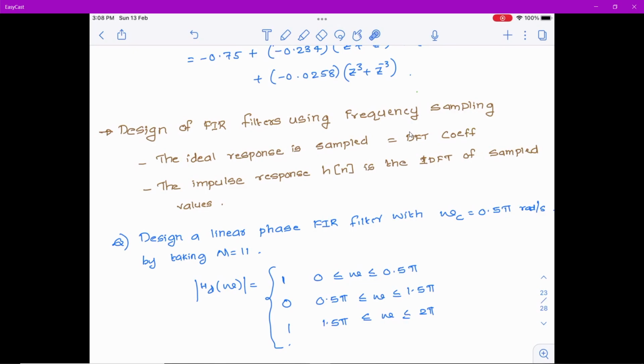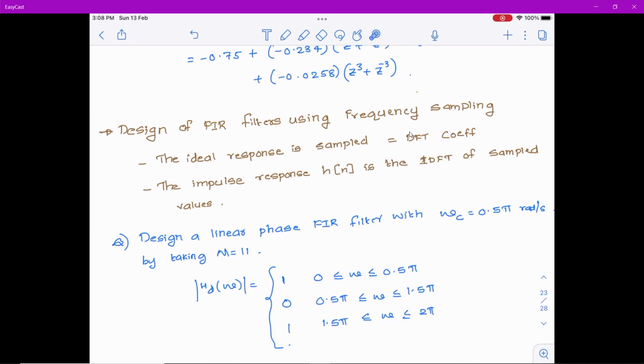So frequency domain ഉള്ള sample ചെയ്ത് if you take the IDFT of the sampled values, you will get back the impulse response. h of n, h of 0, h of 1 അങ്ങനെ h of M minus 1 വരെയുള്ള സാമ്പിൾസിൻ്റെ വാല്യൂസ് ആണ് നമുക്ക് ഫൈനലി ഒരു ഫിൽറ്റർ ഡിസൈനിന് വേണ്ടത്. And that can be found by taking the inverse discrete Fourier transform of this sampled version of the frequency response.